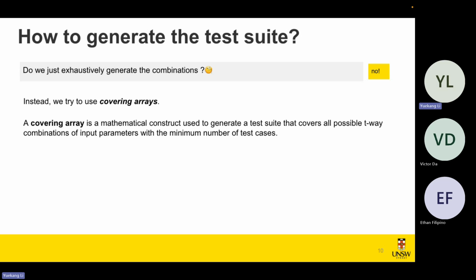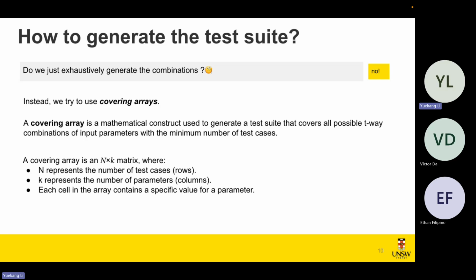It is just to find out the minimum test cases that can cover all the t-way combinations. So this is the definition here. And it is actually a matrix. We will see some examples later. This matrix is an n times k matrix.